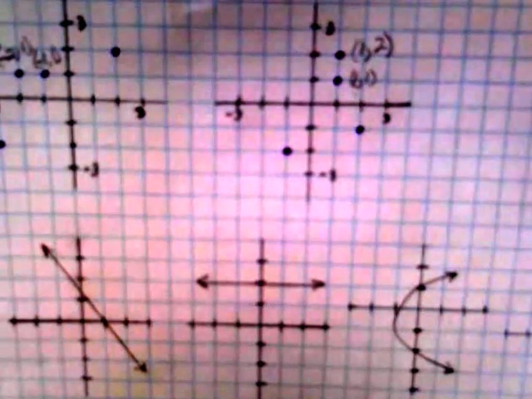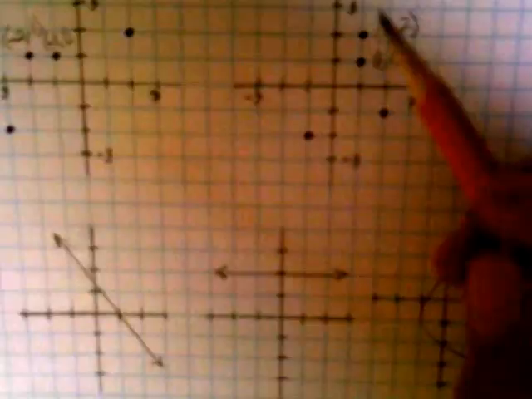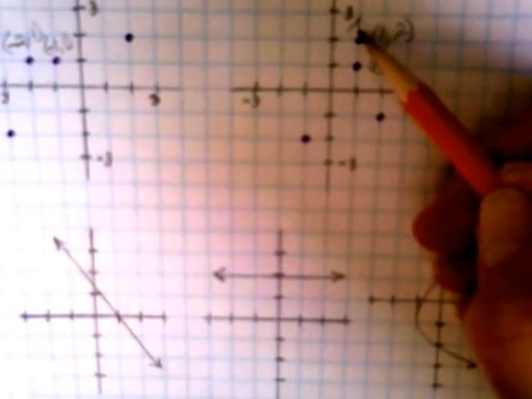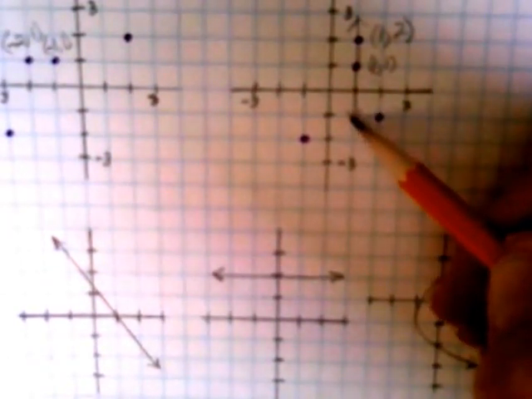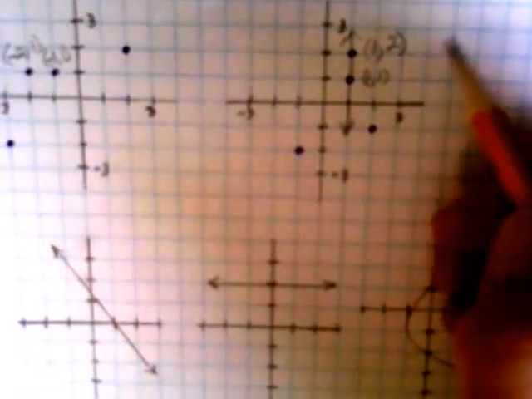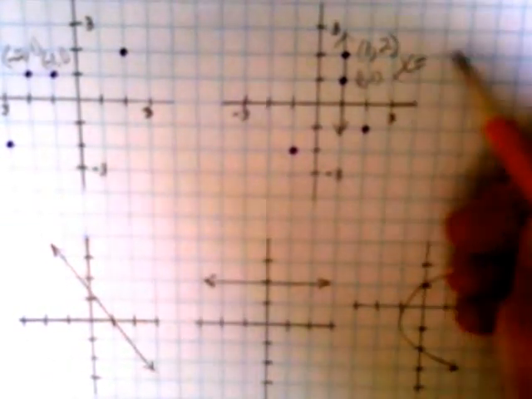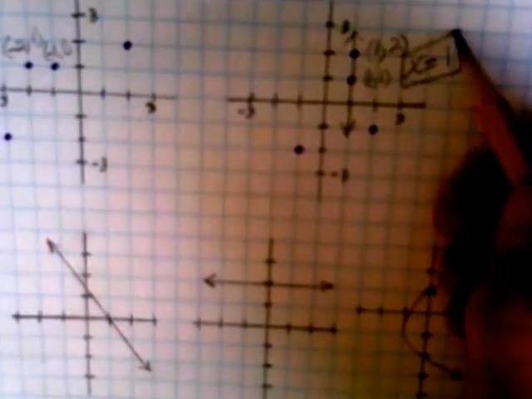Makes perfect sense, right? Okay, and if you also think about that, if you connected just those two, you would have this straight line right here for your graph, which would be the graph of x is equal to 1, right?